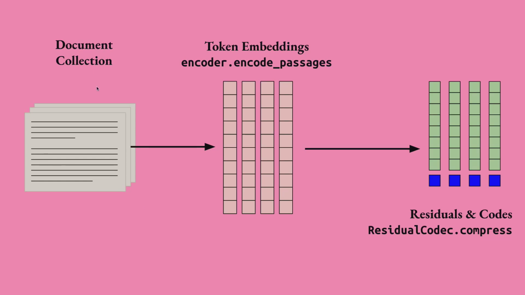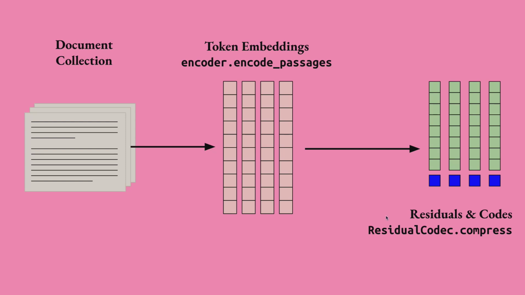We start with the document collection. We pass those passages through our ColBERT model, and we use, I think it's the .BERT or .d method, to encode our documents into token embeddings, and that's the encoder.encode passages at the highest level.